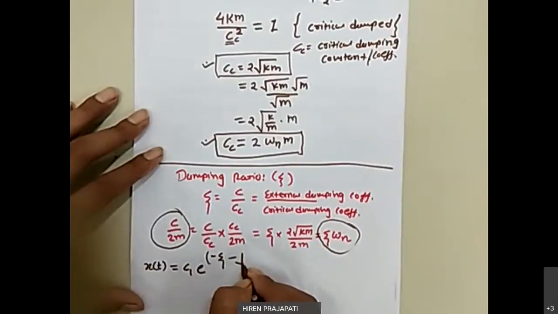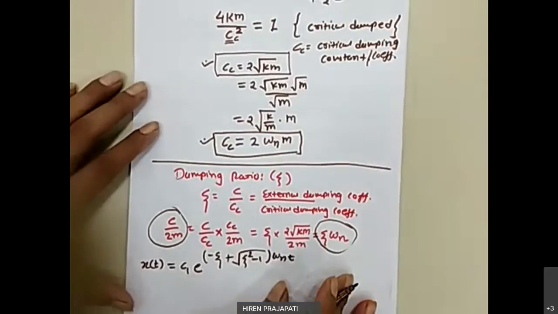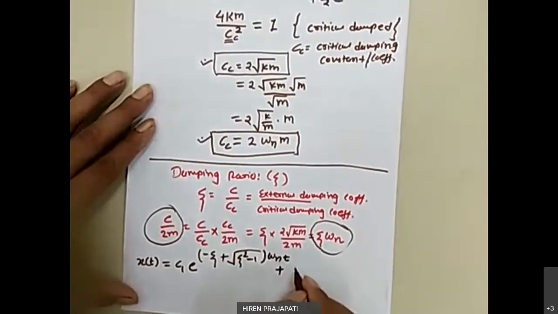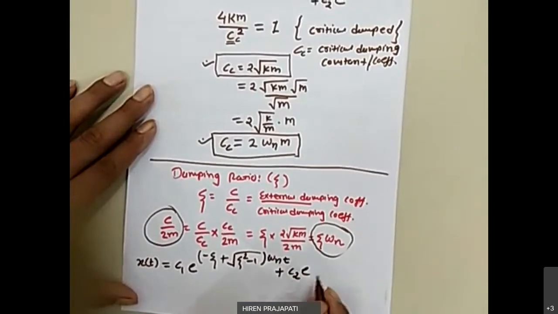So I am directly writing zeta minus plus zeta square minus 1, and omega n taken common from both terms, and t, right? Plus the second part is C2 e raised to the same equation, but instead of plus now we write the second root, which is minus.